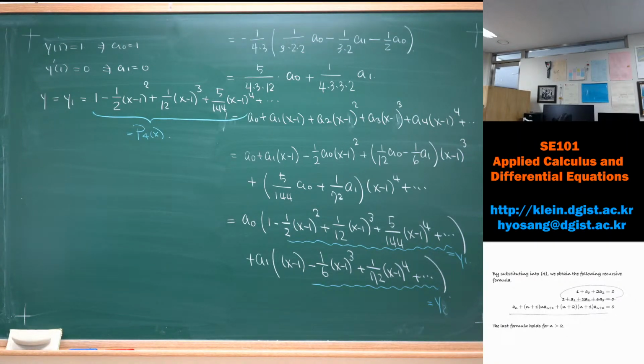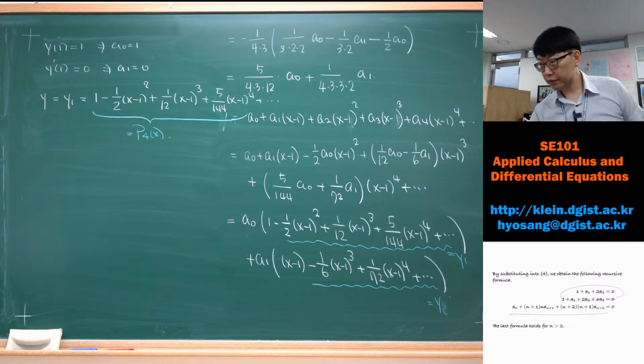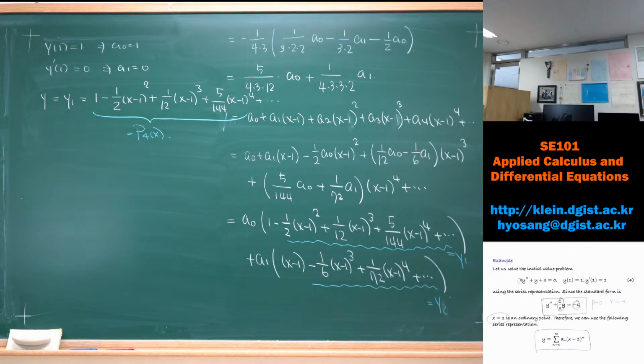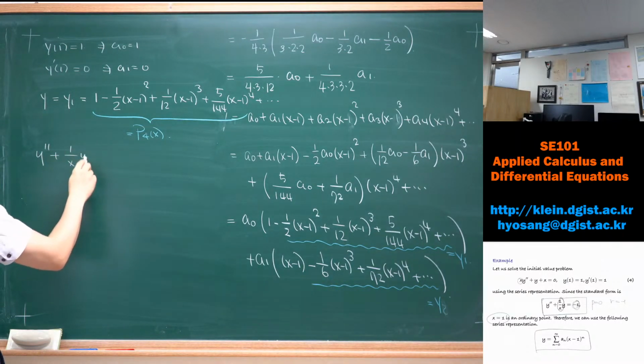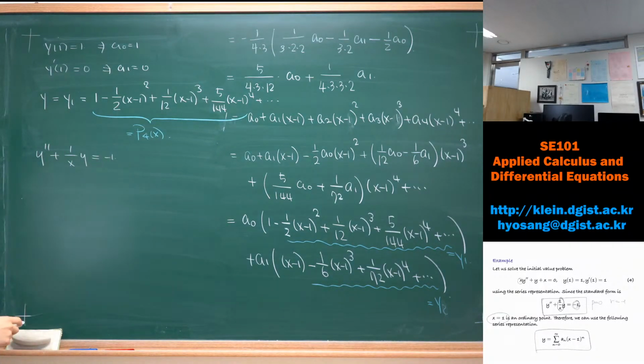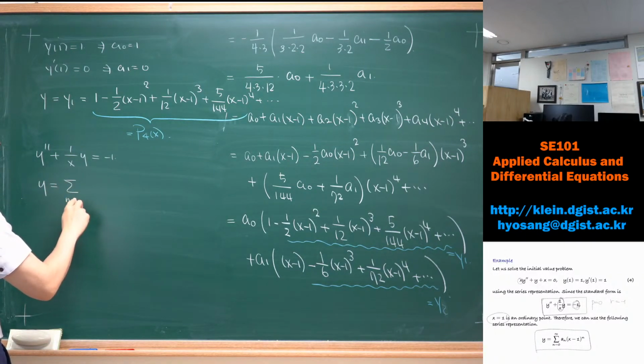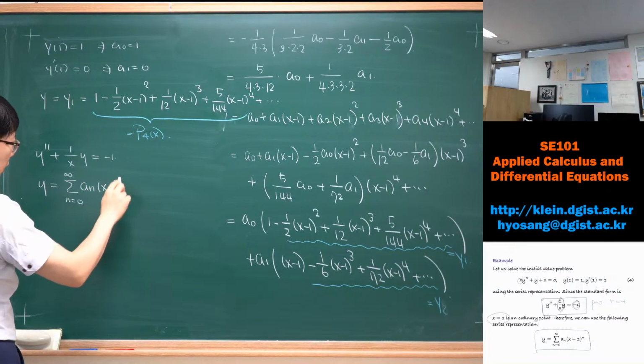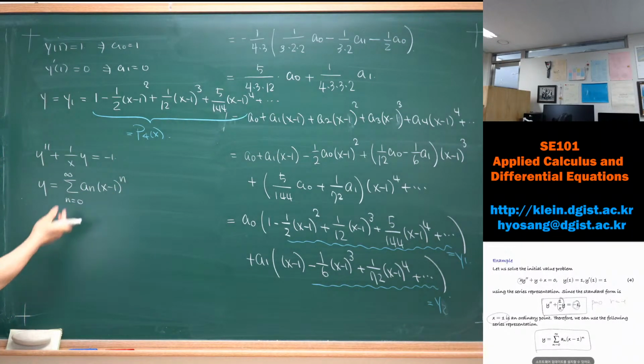So we have y double prime plus 1 over x y equals to minus 1. Now I'm using this as my series solution.